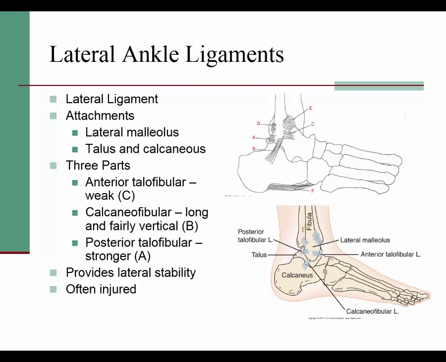The calcaneofibular, it's long and pretty vertical. And then the posterior talofibular is one of your stronger ligaments that you've got to have through here. Provides lateral stability of the ankle.